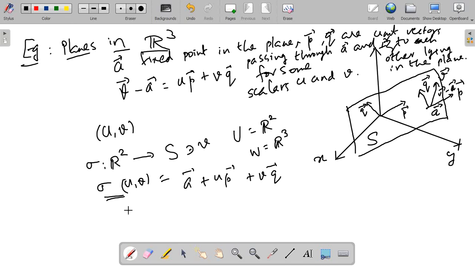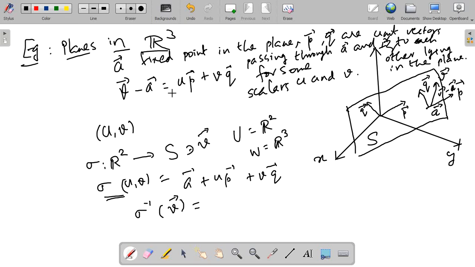And already we checked the continuity of sigma. Now regarding the continuity of the inverse, how do we come up with a formula for the inverse? Sigma inverse of V. Take any point V in S, V is an arbitrary vector. I want to retrieve my coordinates, small u and small v.